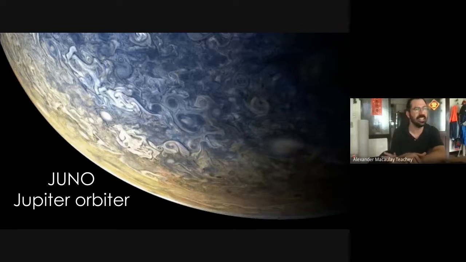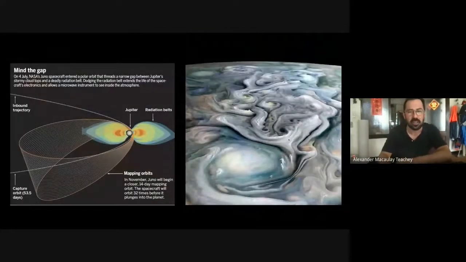And you can just see the incredible richness of what's going on in the Jupiter atmosphere. You look at this image right here, you can see for the first time three-dimensional structure in these clouds. This is not my area of expertise, of course, but to understand Jupiter at this kind of detail is really remarkable.